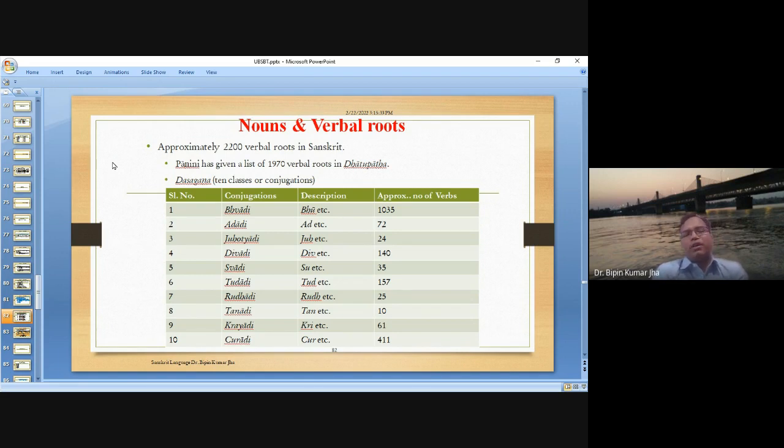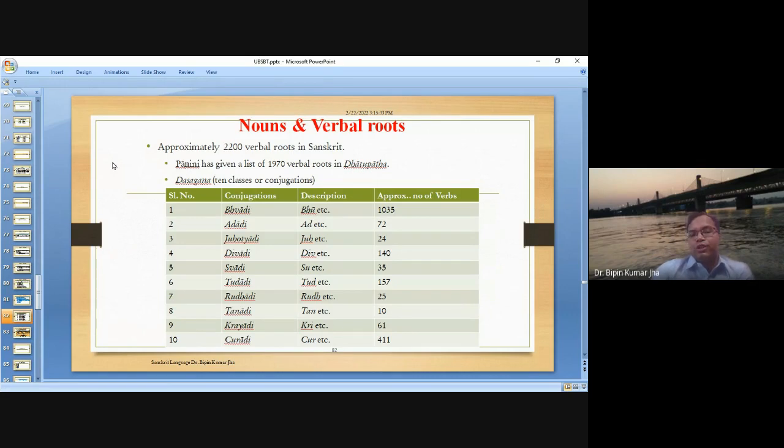So normally we are aware with bhvadi, for example, pathati, chalati, hasati. All these are under this category only. But we need to keep in mind that not only this type of category, there are 10 different categories. So what you are finding is that one verbal root can create a number of different types of verbs.